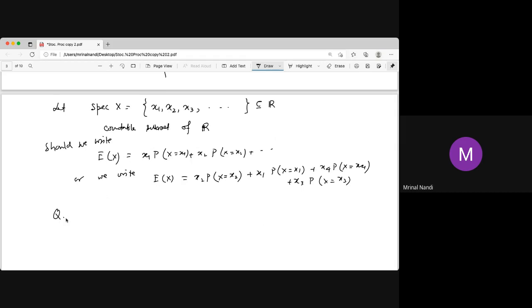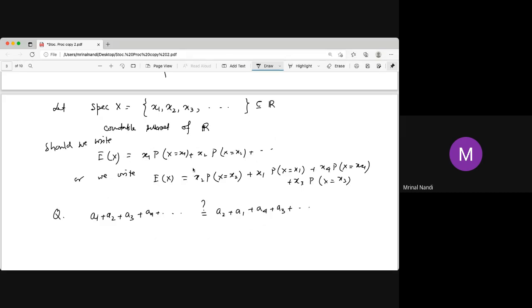So the important question is: is the series a1 plus a2 plus a3 plus a4 equal to a2 plus a1 plus a4 plus a3? Are these two equal? This is a very important question.